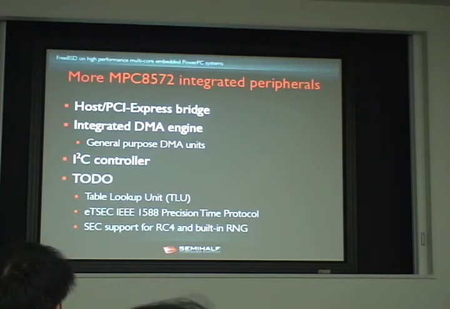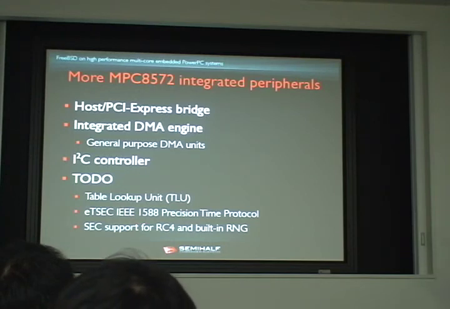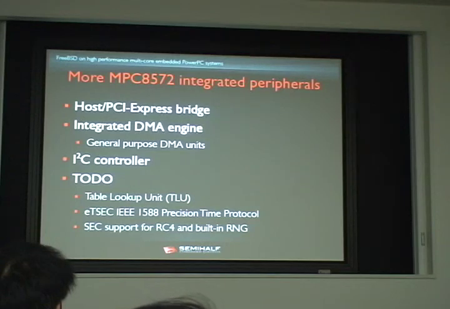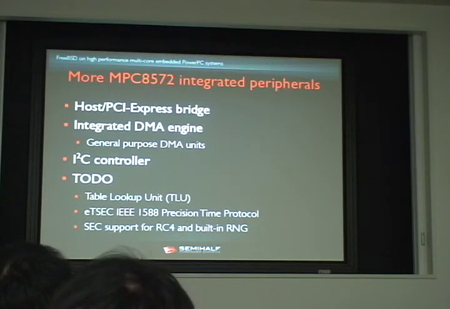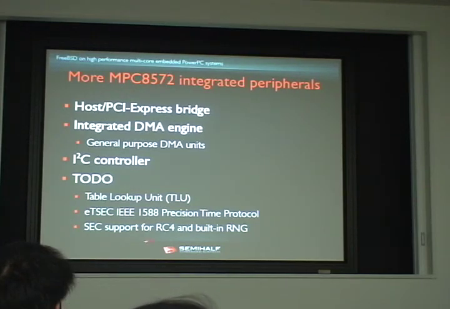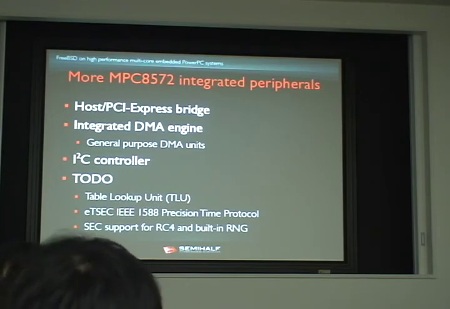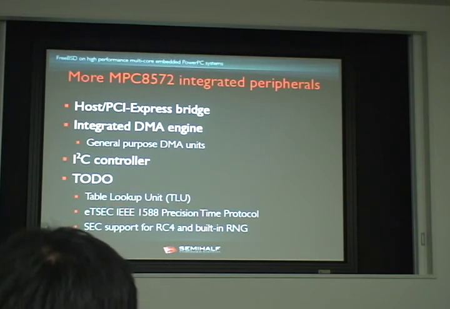If you've got very complex rules for a firewall, it would greatly speed up things. It would accept certain data in a certain formal description of the table to search through, and it does it in hardware. There's no driver for this yet, so if anybody would like to do this, let me know.